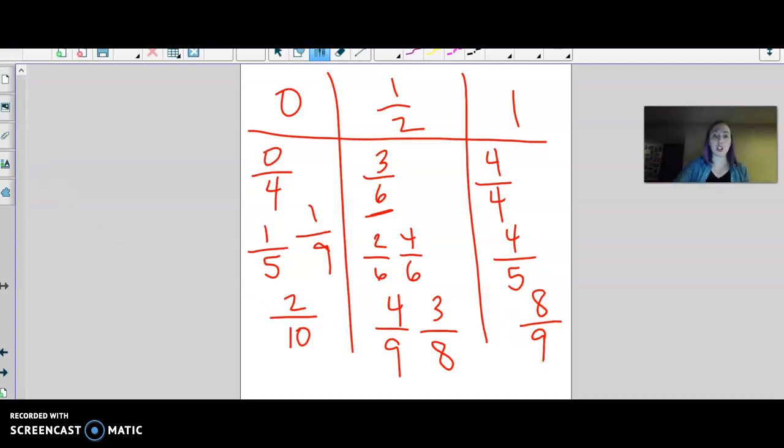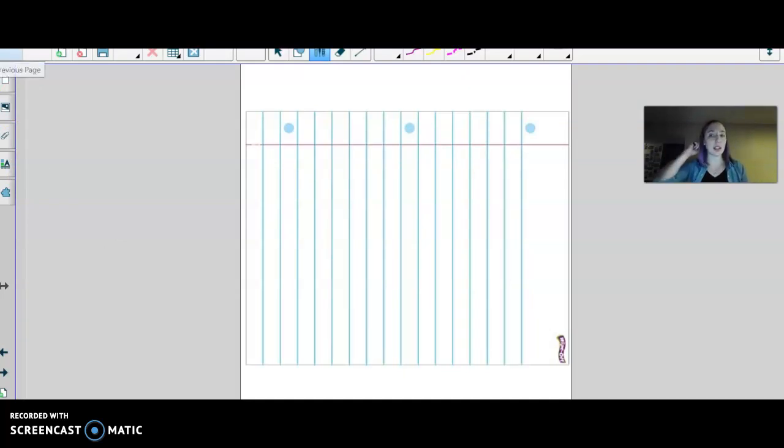If you're not sure, I would recommend getting a notebook paper. And then say I'm talking about fifths. Count out 1, 2, 3, 4, 5 lines. So notice how each of those is a fifth. So then say I was thinking about 3/5. What's that closest to? Well, I could color in 3 of the spots.